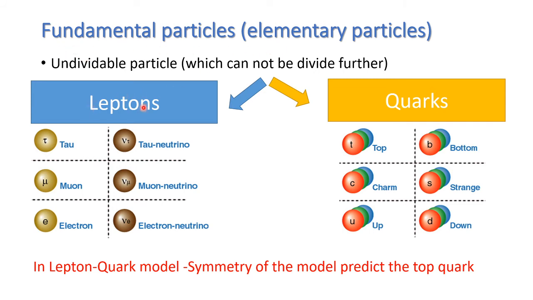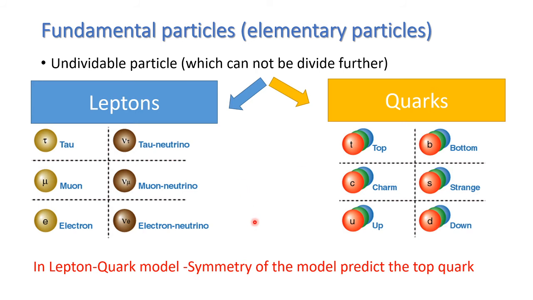So there are two categories, leptons and quarks. Leptons have 6 members, and quarks have 6 members, right? If we take tau, muon and electron, and tau neutrino, muon neutrino and electron neutrino, then the quarks are top, bottom, charm, strange, and up and down.